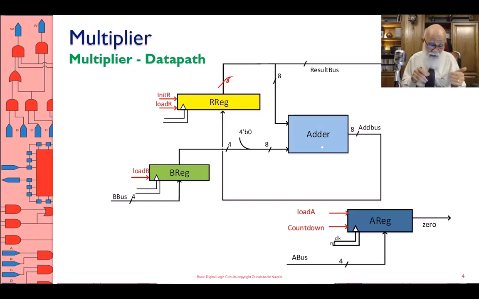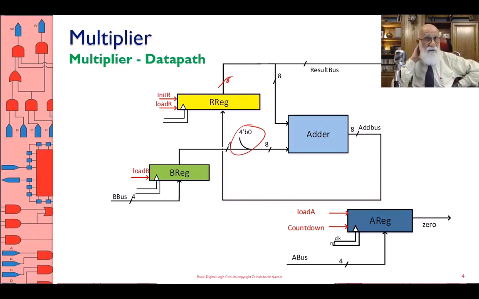The other side of the adder is the B register because B has to get added to that register a number of times. But then that is 8-bit because the result of multiplication can go up to 8 bits. My B register is only 4 bits. And therefore, I have appended 8 zeros to the left of my B. And therefore, an 8-bit adder adds these two, produces an 8-bit result.